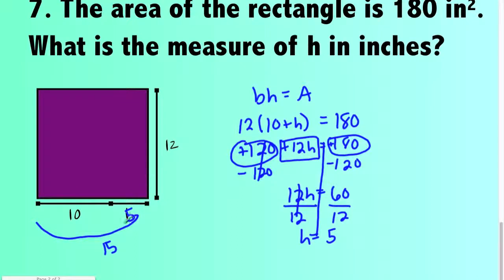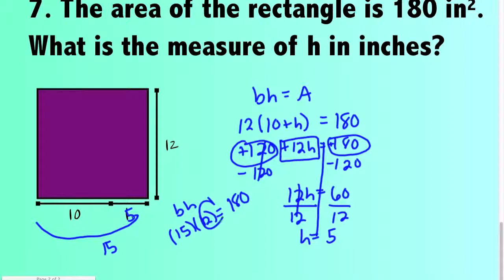And to find the area of a rectangle, it's base times height. So you have 15 times 12, and 15 times 12 should equal 180. 15 times 12 is 180. So we did this problem correctly.